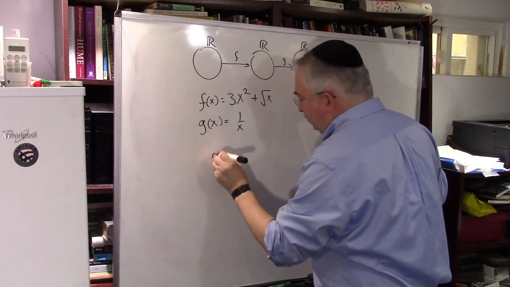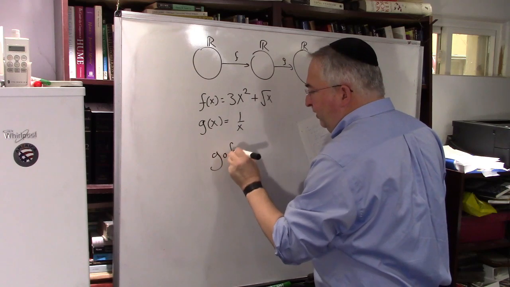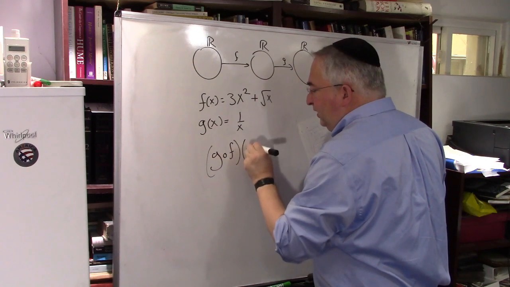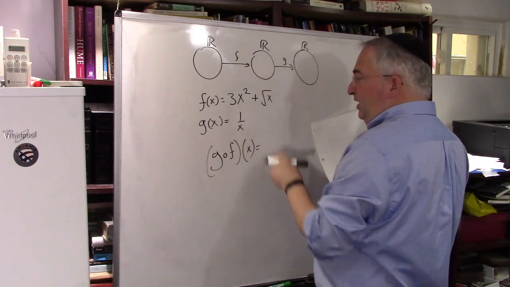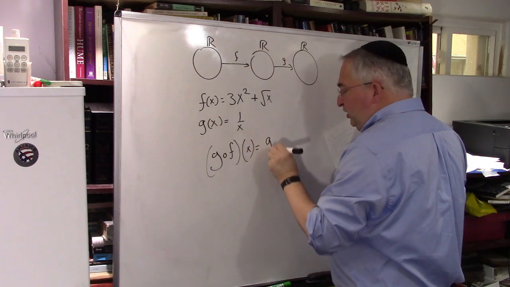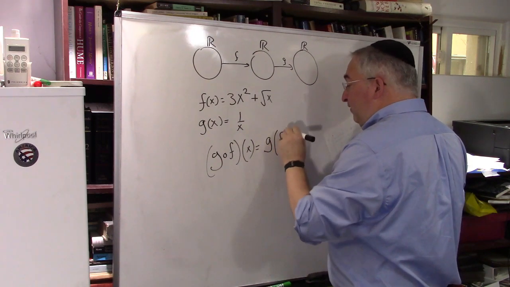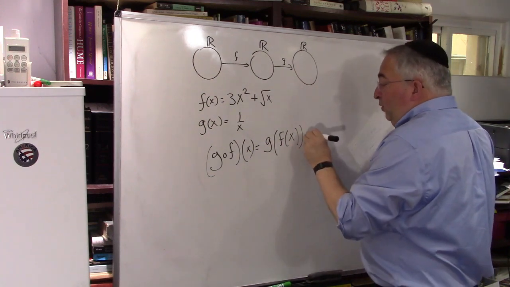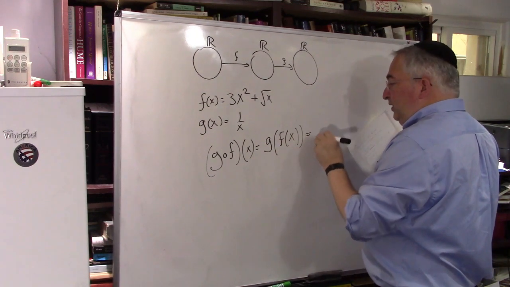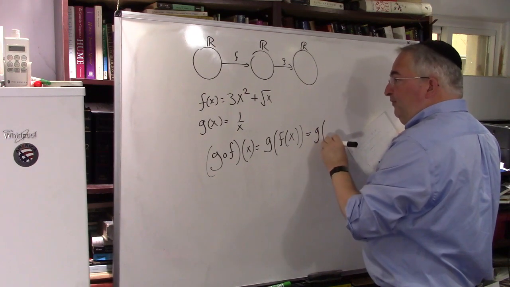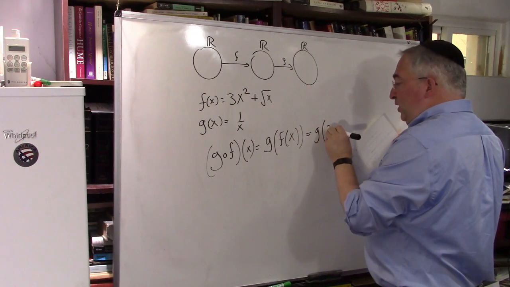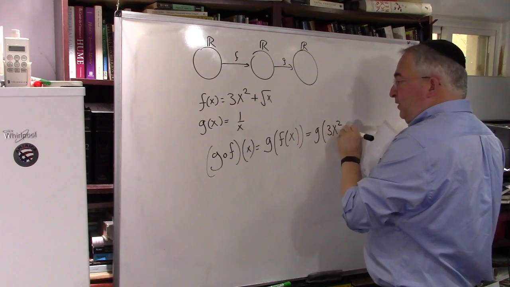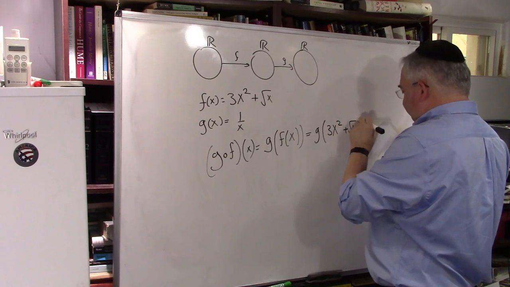Then I want to show you what g composed f is. On little x, it takes a number, and it's going to do g of f of x, okay, which, what's f of x? Well, that's equal to g of 3x squared plus square root of x.